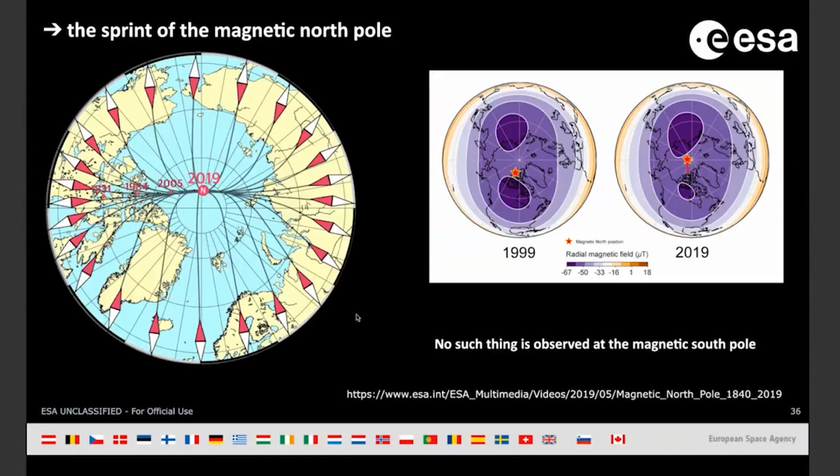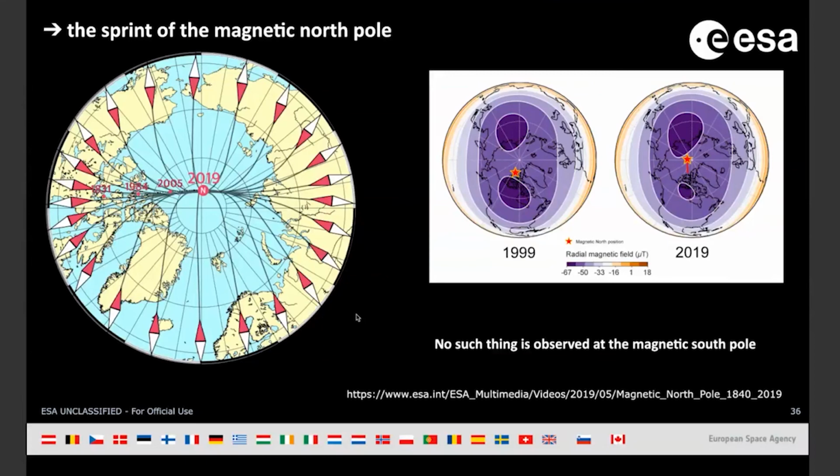Then in the next 21 years, it covered the same distance as it had in the previous 153 years. And again, in the 14 years that followed, it covered the same kind of distance. So the magnetic pole is sprinting.